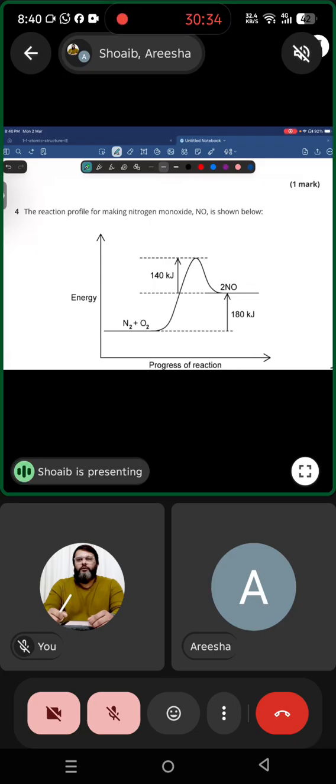Now, question number 4. The reaction profile for making nitrogen monoxide is shown below. We have an equation here. Reactants are below and products are above. So the type of reaction is what?